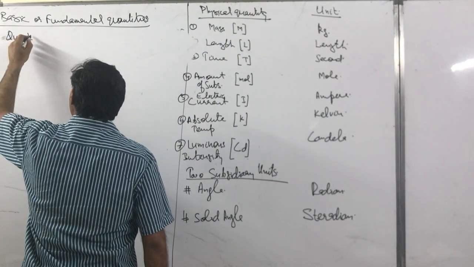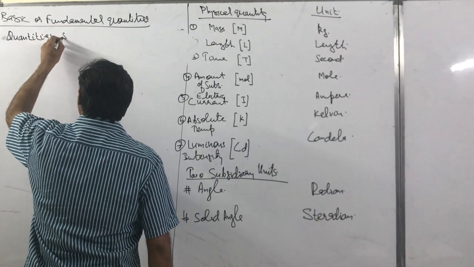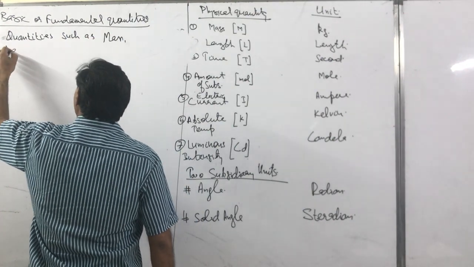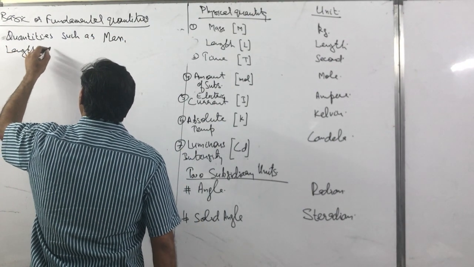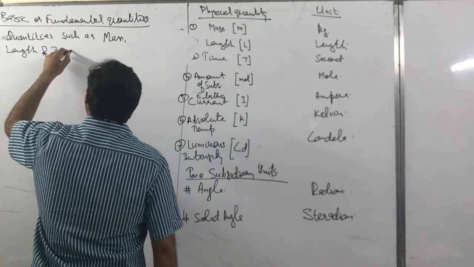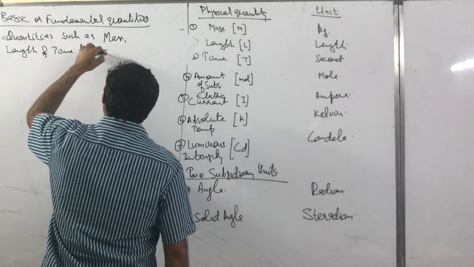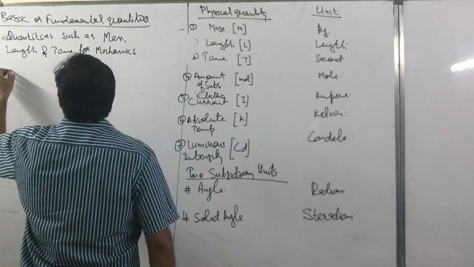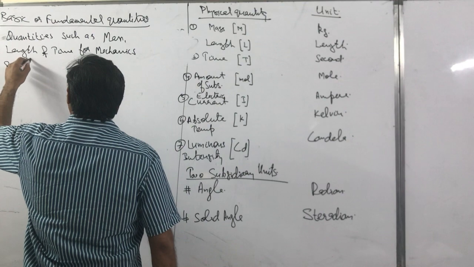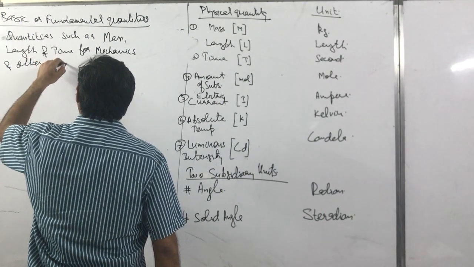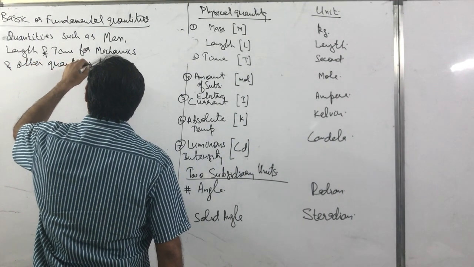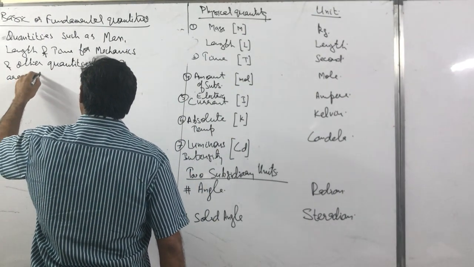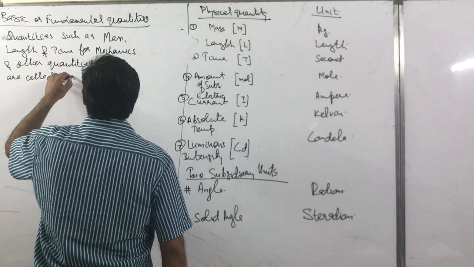Quantities such as mass, length, and time for mechanics, and other quantities in SI are called basic quantities.